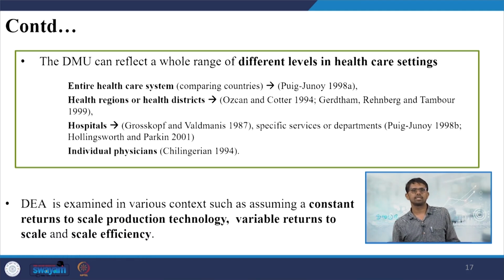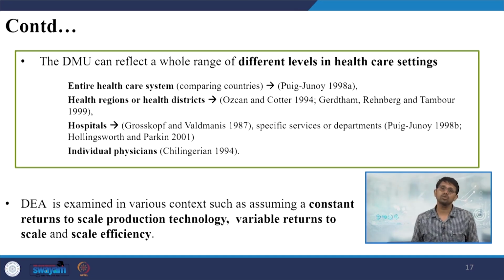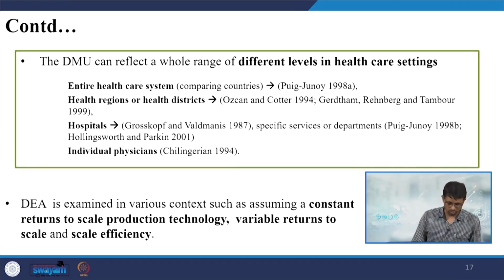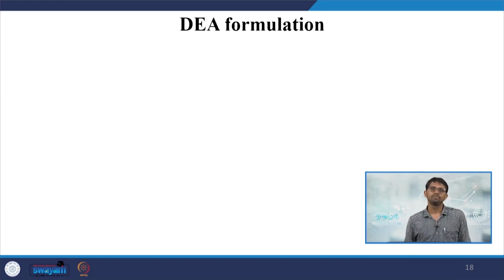DEA is examined in various contexts, such as assuming constant returns to scale production technology, variable returns, or even scale efficiency cases. In this lecture we will stick to the constant returns to scale, CRS, function.